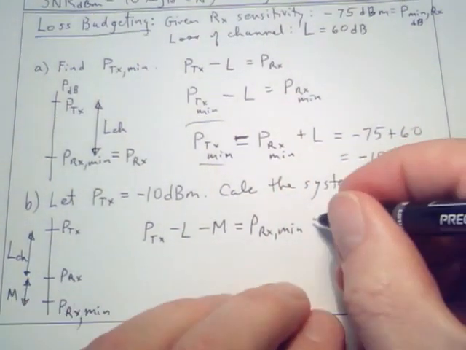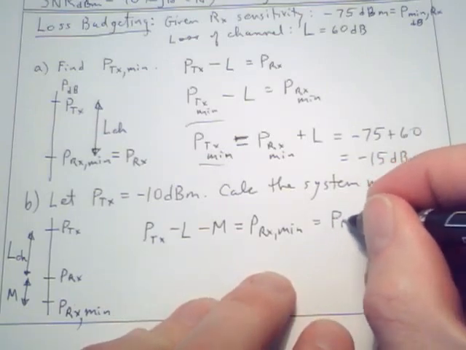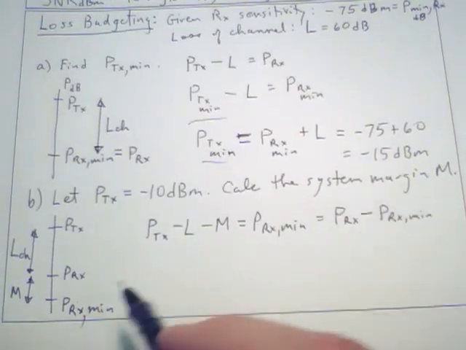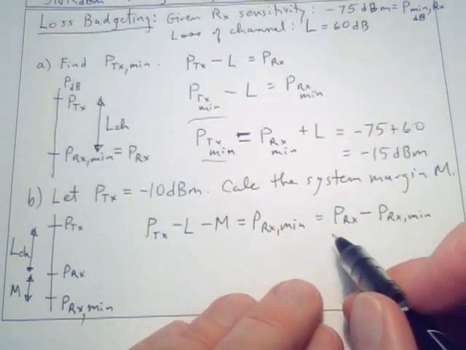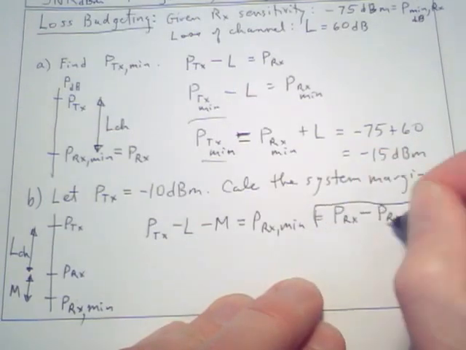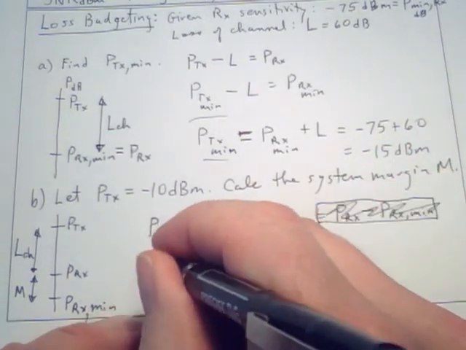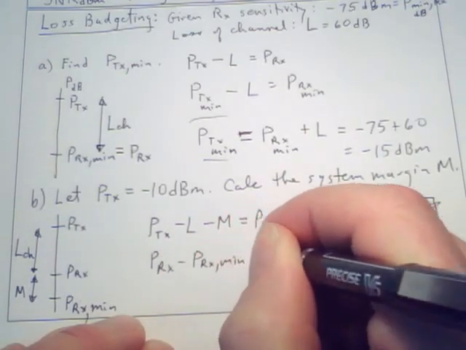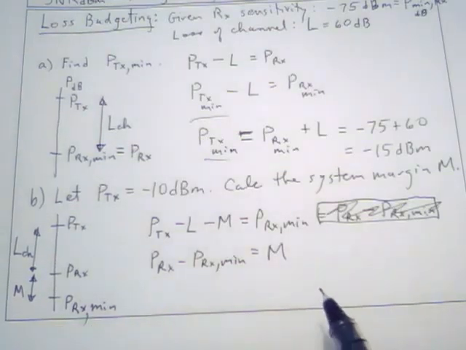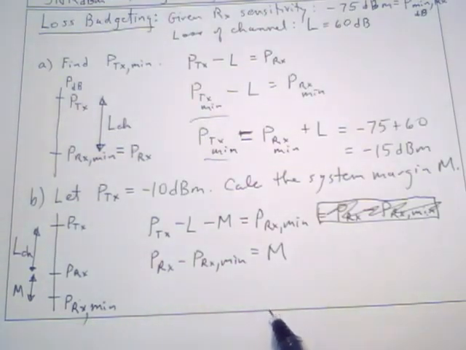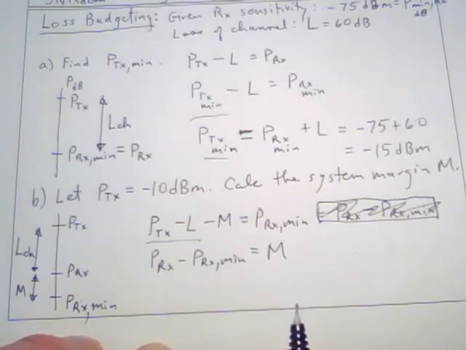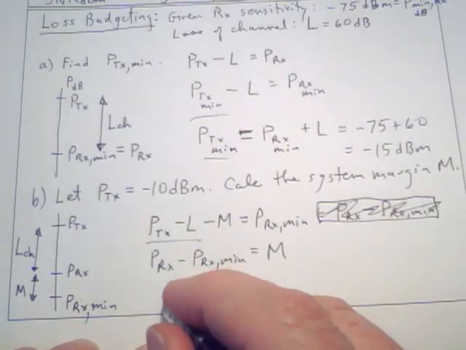Okay, equivalently, another way of saying this is that PRX minus PRX min is equal to the margin M. Okay, but PRX is PTX minus L. So these are basically the same equation, and I can go ahead and write that.